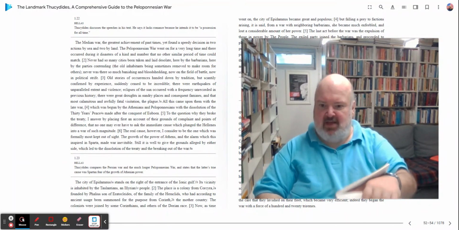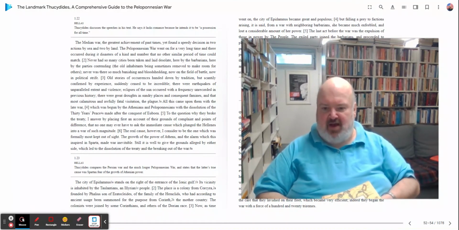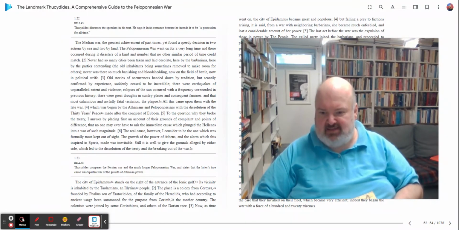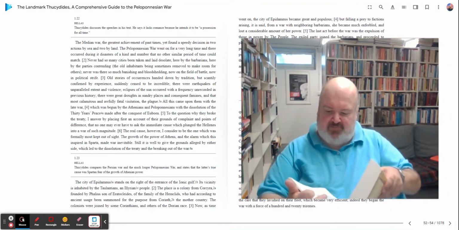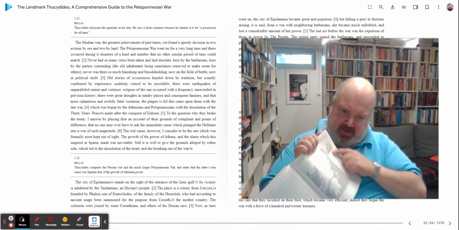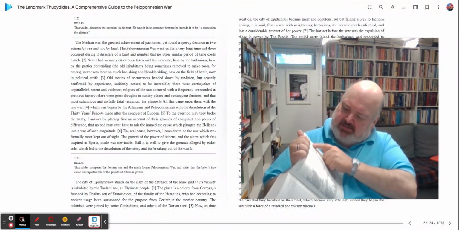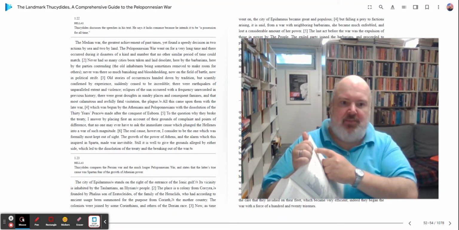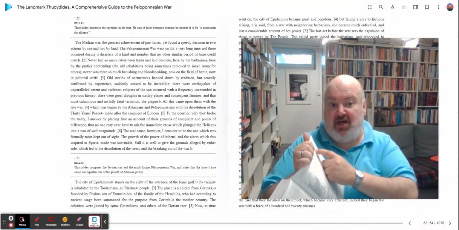He says it stands on the right of the entrance of the Ionic Gulf. Its vicinity is inhabited by the Taulantians and the Illyrian people. Now, the Illyrian people are from up here, page 18. This is Italy, but the Illyrians appeared where the Balkans are, around Croatia.